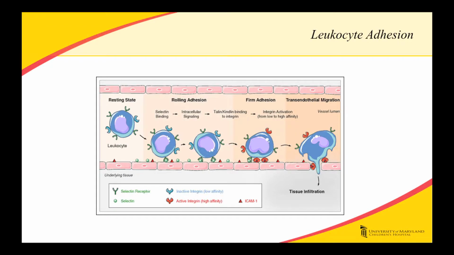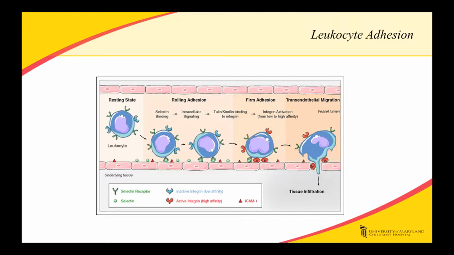So this is a nice diagram showing you what a leukocyte does in the body when it has all of the components. Here you have a leukocyte in the resting state. Then there is a step where there's a rolling of the leukocyte that recognizes the foreign objects, and this turns on more leukocytes to come help out.